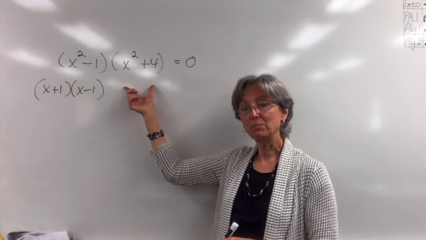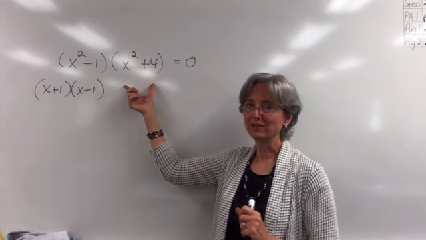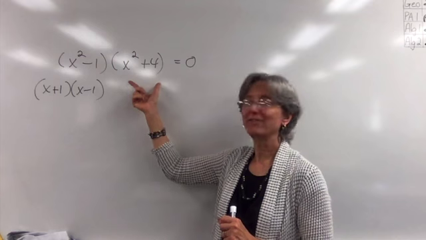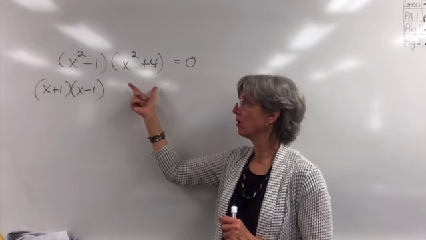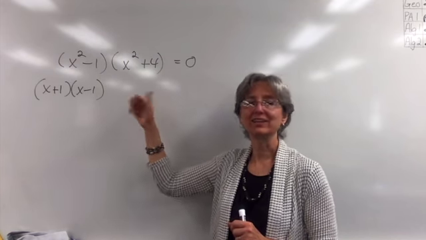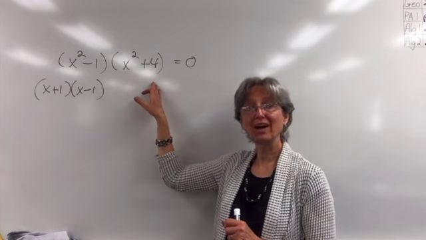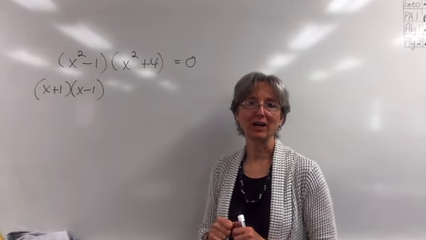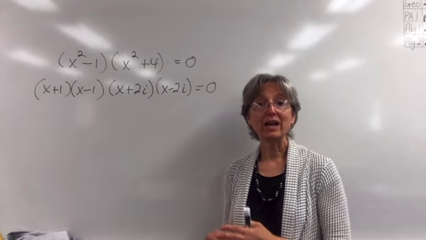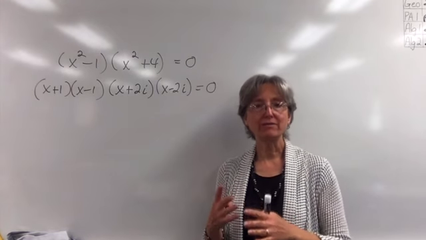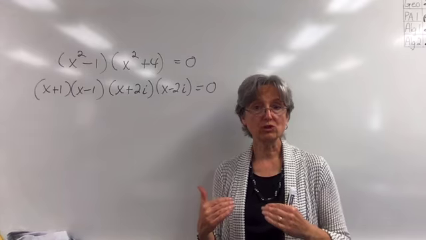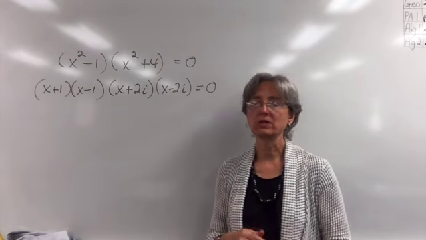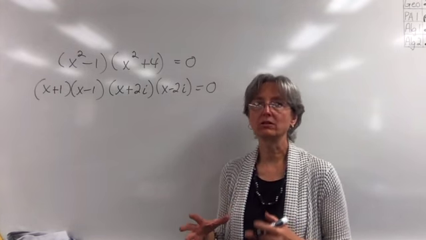This is the sum of 2 perfect squares, not the difference, but the sum. You can factor this the same way, only you have to add the i. So this is x plus 2i, x minus 2i. So now that we have our 4 factors, from our factors we will get our solutions or our zeros. Sometimes they're called roots, whatever they call it, same thing.